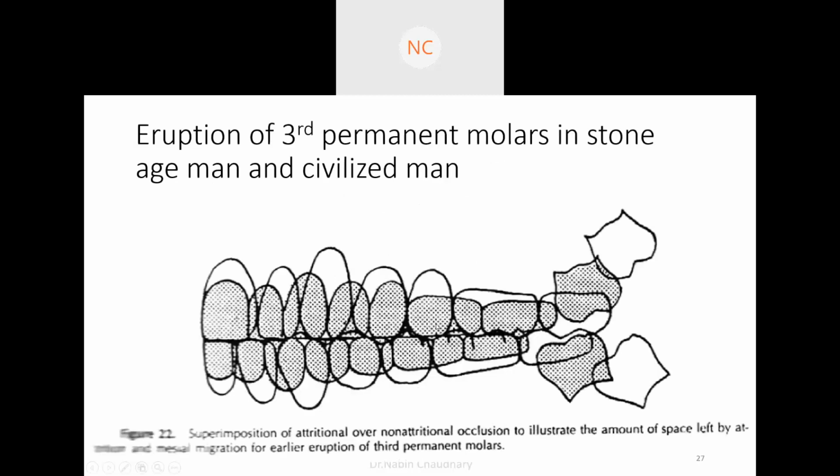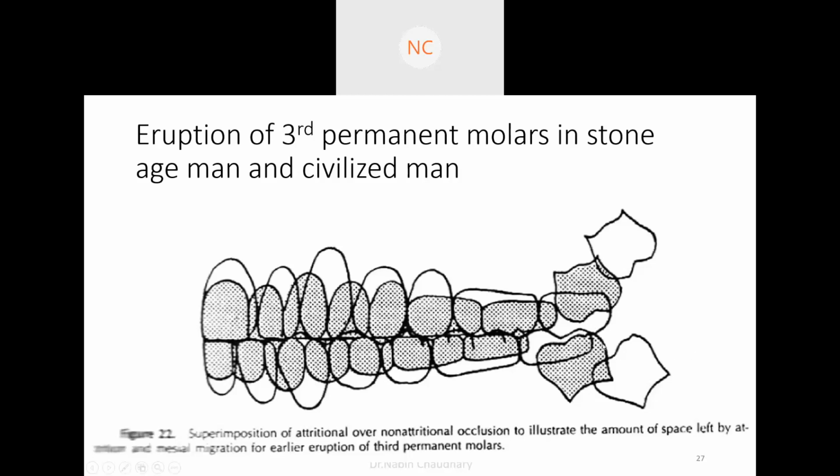And also in case of the Australian Aborigine person, the attrition allows the space for the eruption of the third molars. When the attrition takes place and drifts majorly, it allows room for the eruption of the third molars.